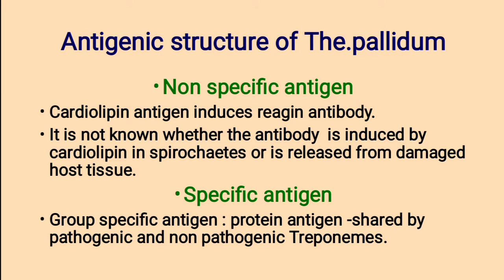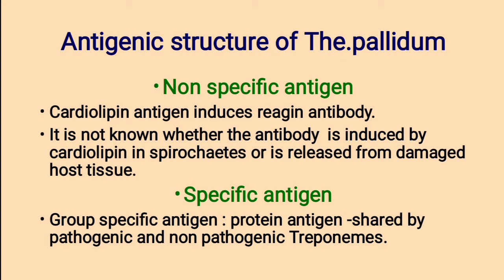What is the antigenic structure of Treponema pallidum? Treponema pallidum has mainly two types of antigen, non-specific antigen and specific antigen. Non-specific antigen, cardiolipin antigen, induces the reagin antibody. One of the famous antigens is known as cardiolipin antigen.